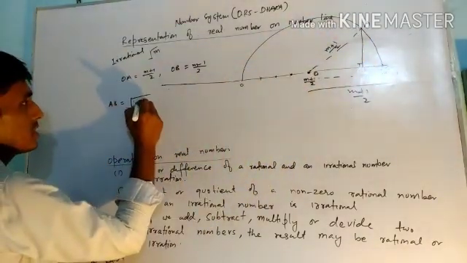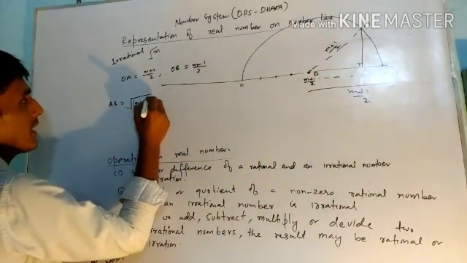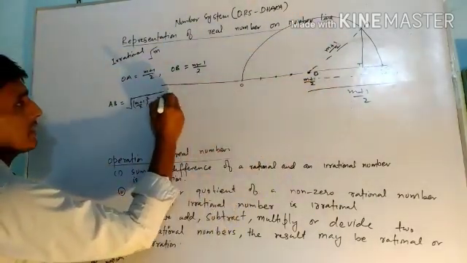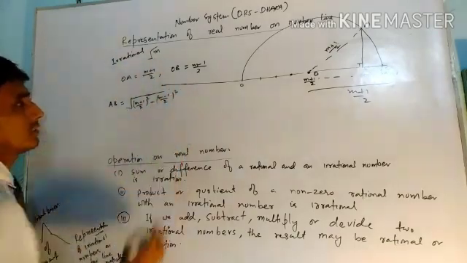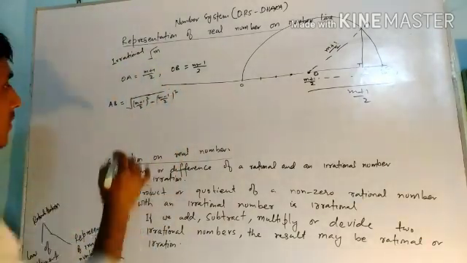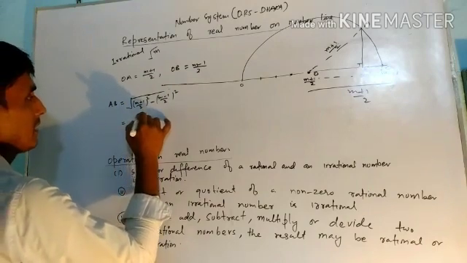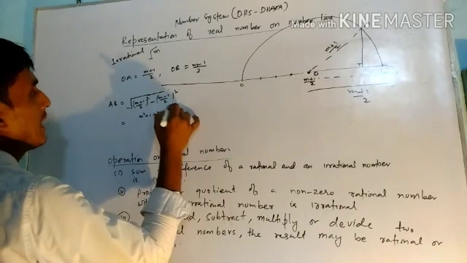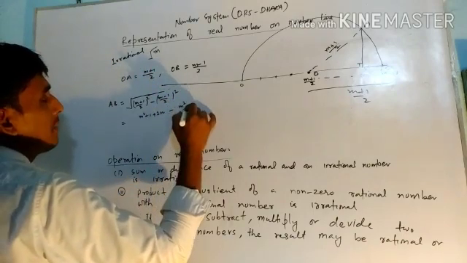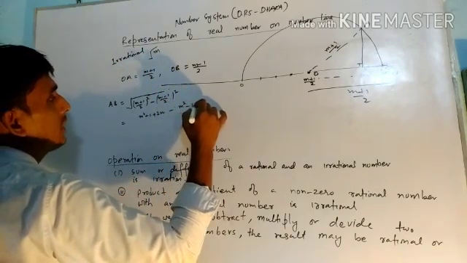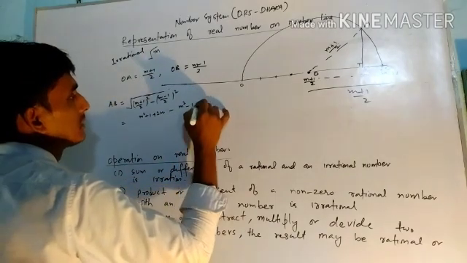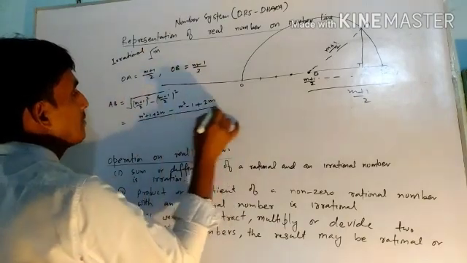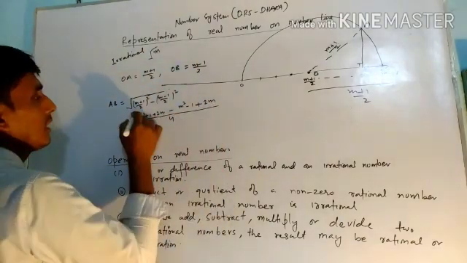So hypotenuse is how much? ((m+1)/2) whole square, minus base. OB is how much? OB is ((m-1)/2) whole square. So now solve this. If you solve this, you will get (m square plus 1 plus 2m minus m square minus 1 plus 2m) divided by 4, under root.